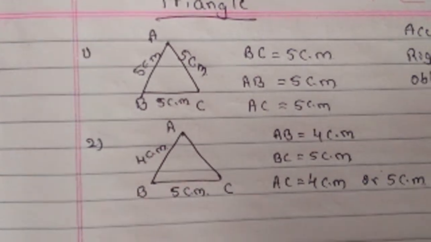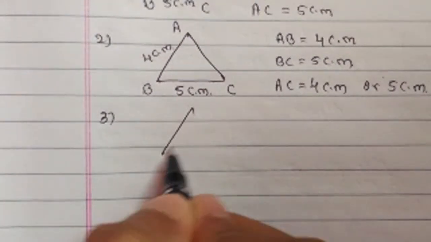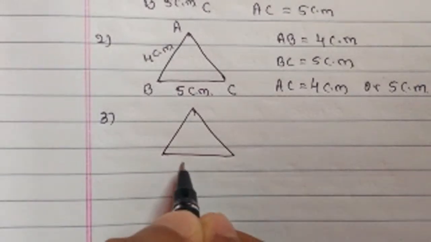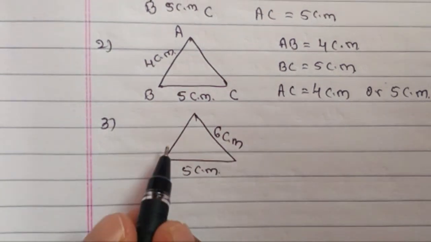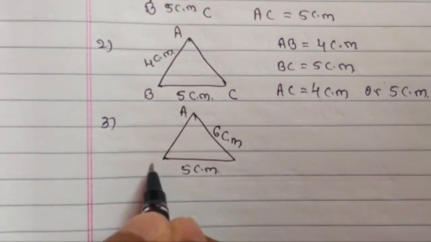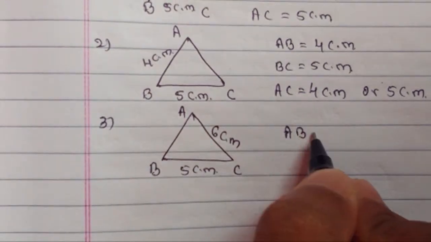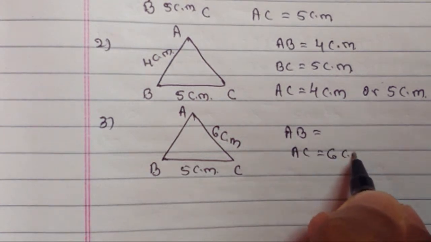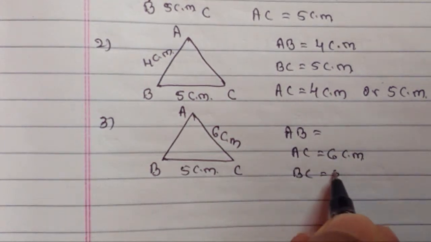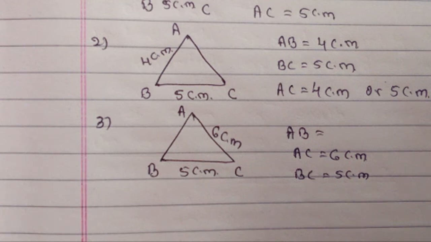Then third one, I will consider one triangle. This is 5 centimeters, this is 6 centimeters, and what may be the value of AB? Here AB is unknown, AC equals 6 centimeters, and BC equals 5 centimeters, and I am telling you that ABC is a scalene triangle.